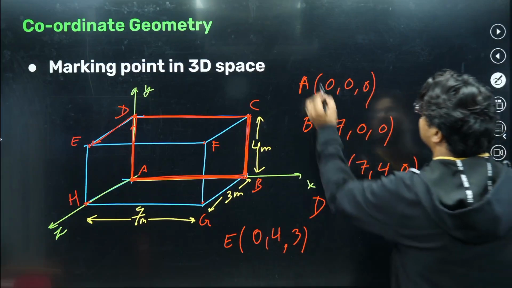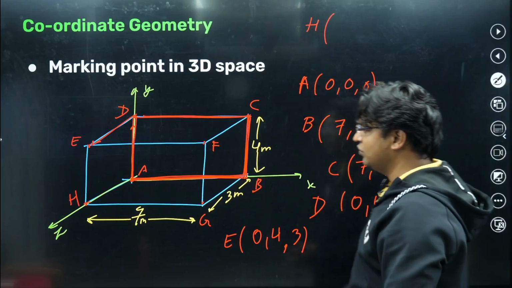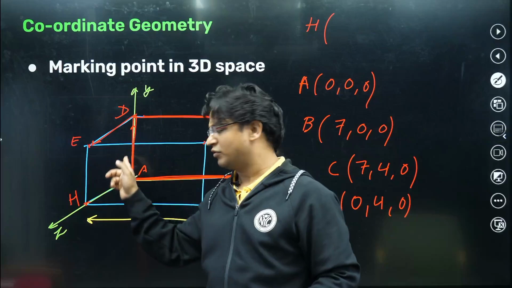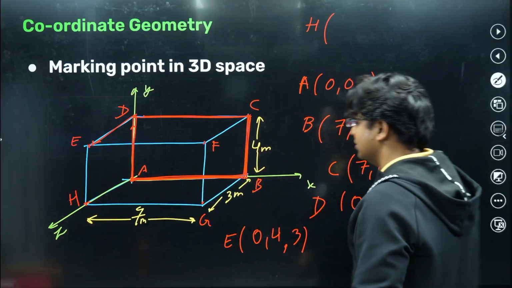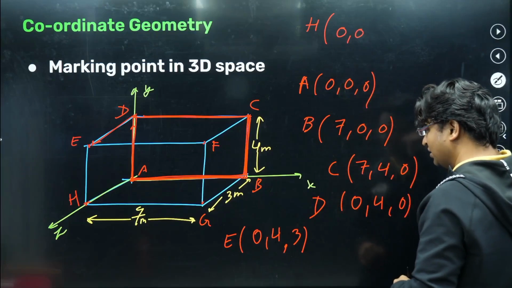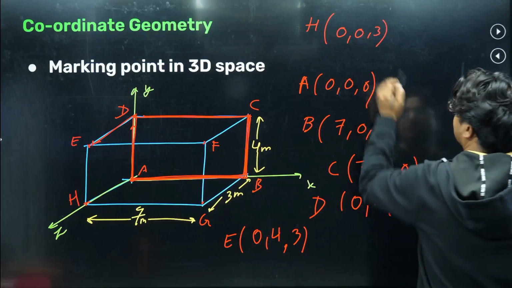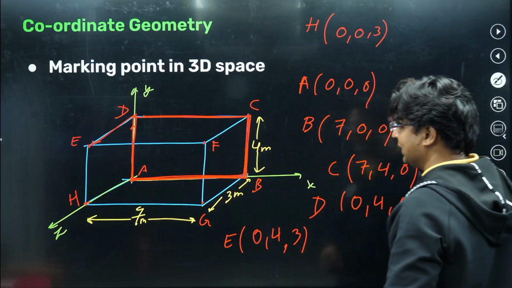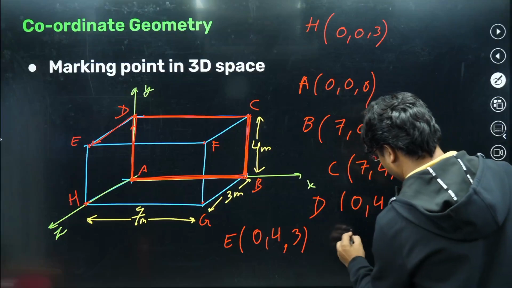What about H? To reach H, I don't have to walk along x, I don't have to walk along y, I only need to walk along z. So that would be 0, 0, 3. What about F?